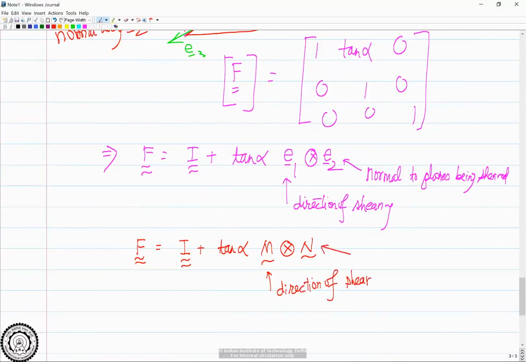And big N is the normal to parallel planes which are being sheared. And the condition is that big M has to be perpendicular to big N. Okay, so this is the example of shearing.